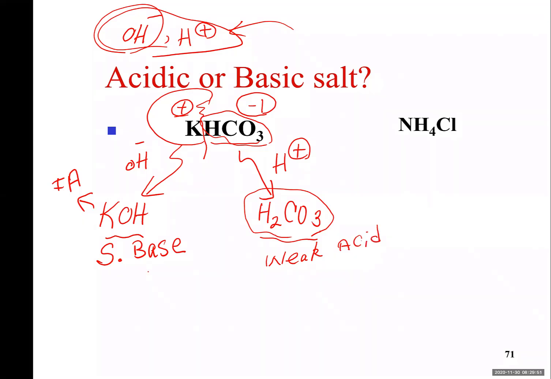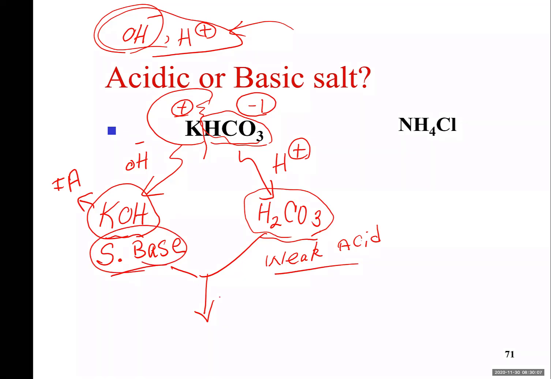So now that you have the strength of the parents of this salt, the stronger parent is going to take over. We have a strong base and a weak acid, so the stronger parent is the base. The stronger parent defines the property of the baby. So this salt is a basic salt.